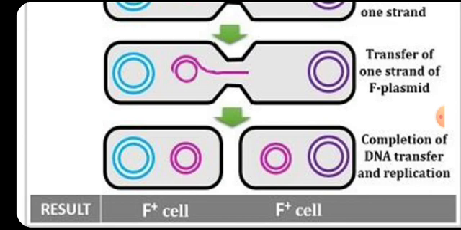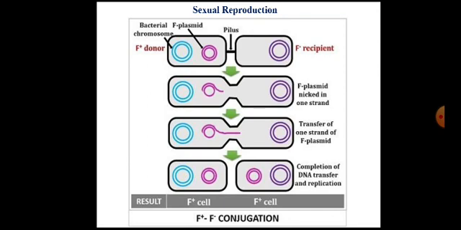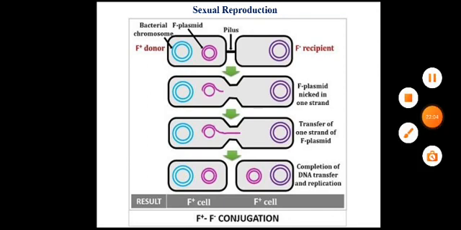This is how the recipient cell becomes an F plus cell. Now both the cells are F plus. This is the method of conjugation in which the genetic material is transferred from one bacterial cell to another bacterial cell.